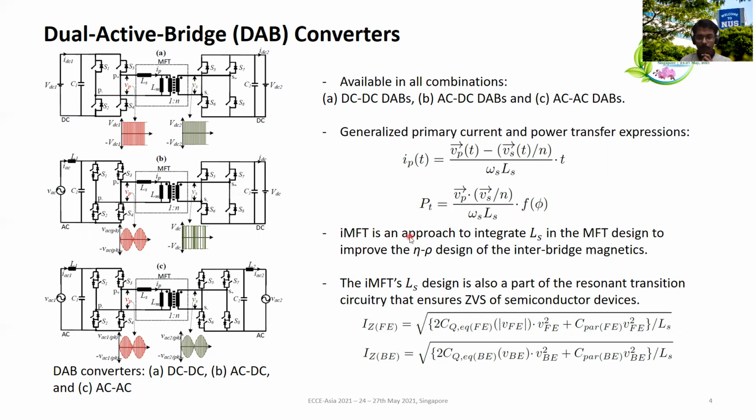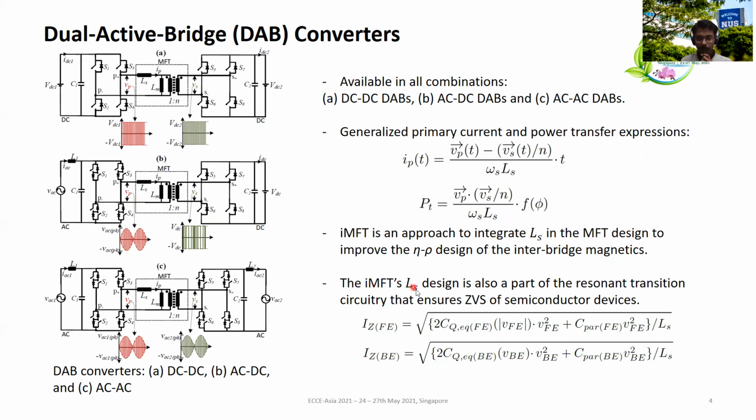Now, iMFT is an approach that integrates the LS, which is critical for the power transfer here, into the MFT design. Together we call it an iMFT, or integrated medium frequency transformer.